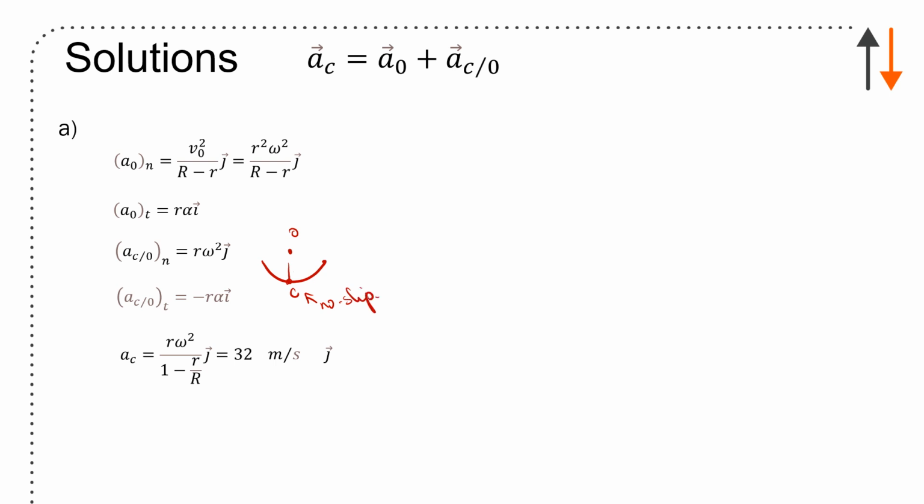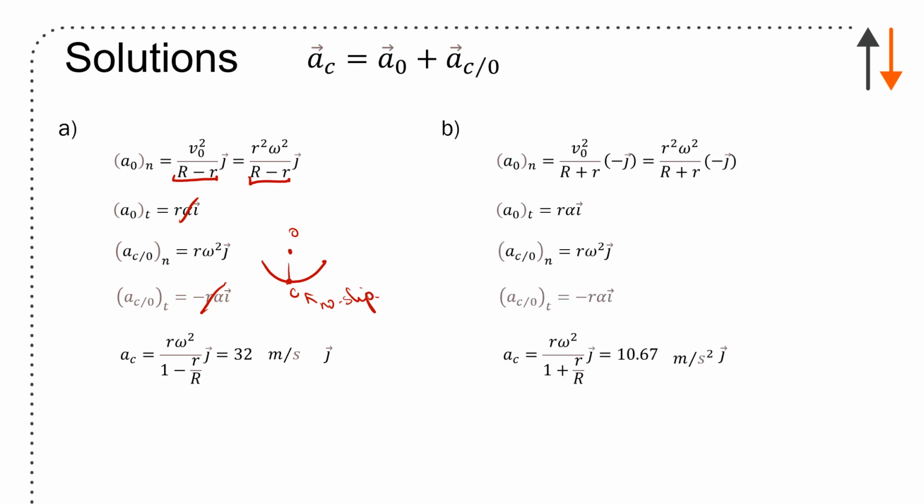Because of that, the tangential acceleration of O is r alpha in the i direction, but the acceleration of C relative to O is minus r alpha. So these two terms go away. For the normal acceleration, the radius of curvature is big R minus little r, and you end up with this term at the bottom of 32 meters per second squared in the j direction.